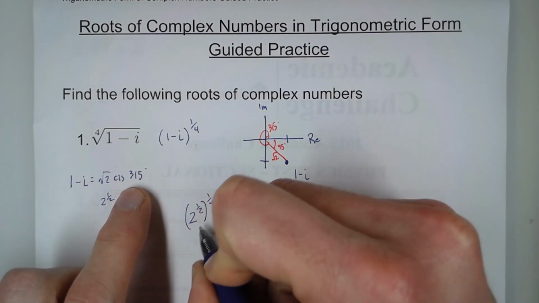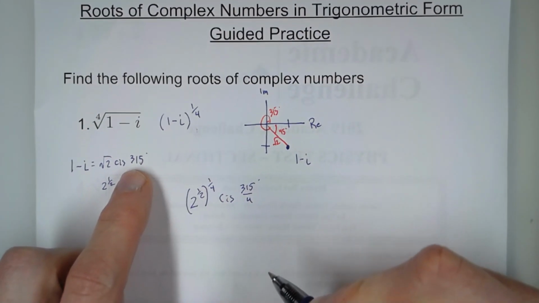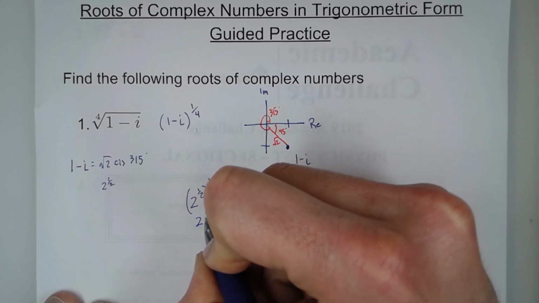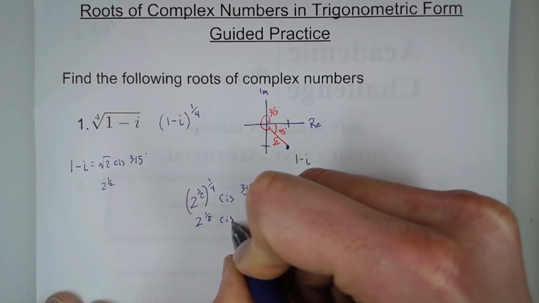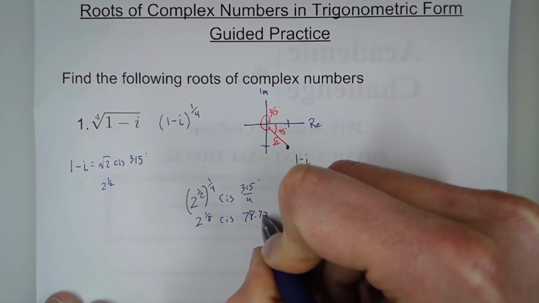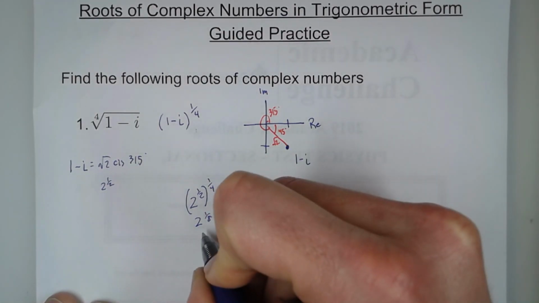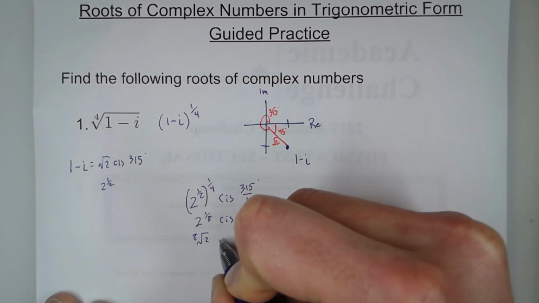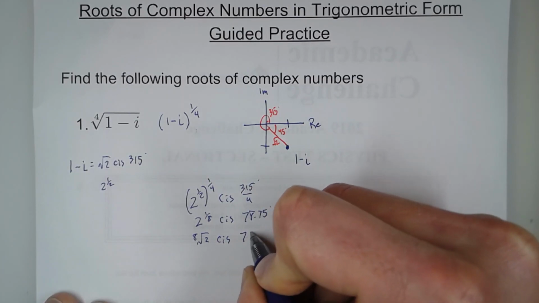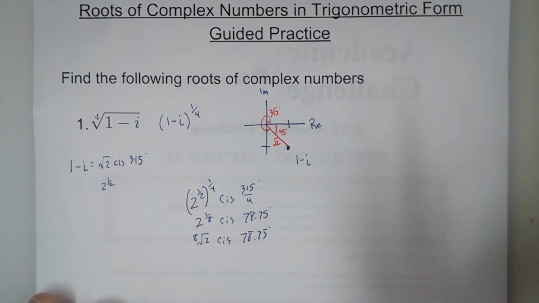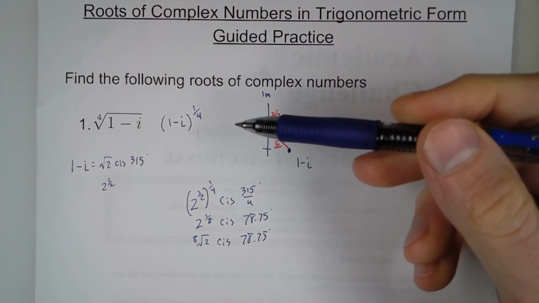So here, when we have stacked powers like this, we multiply them. So this is 2 to the 1/8 power, CIS 78.75. And this is the 8th root of 2, CIS 78.75. Now at this point we're not done.